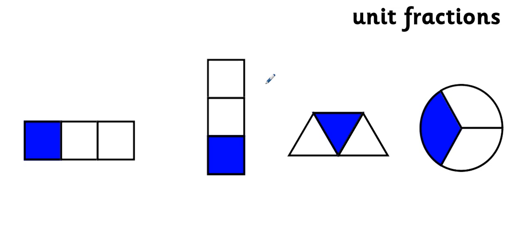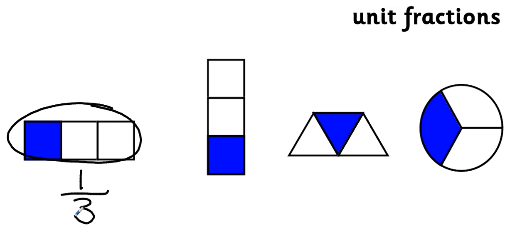Let's have a look at the first example. Well, we've got one part coloured in, one equal part coloured in. How many parts are there altogether? 3. Excellent. Is it the same for this one?